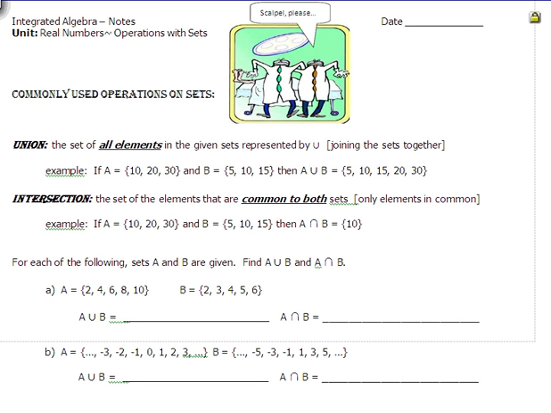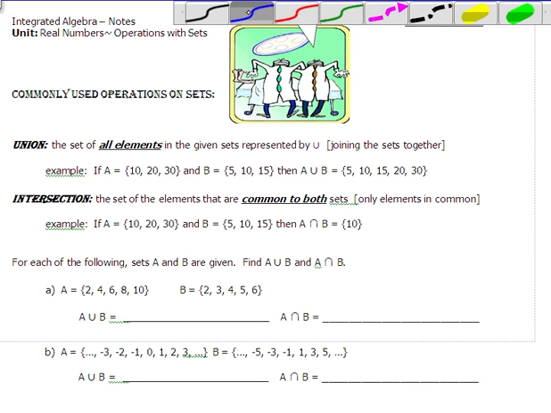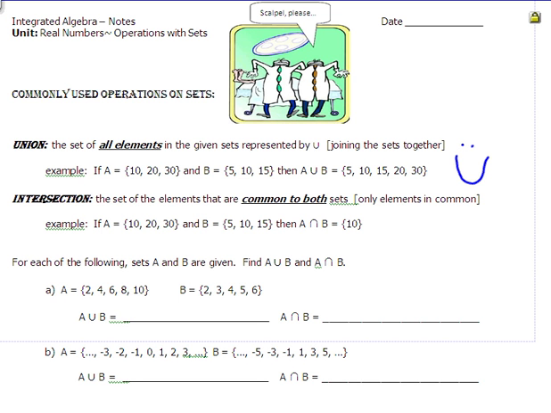Okay, if you look at the first vocabulary word, union, the union of two sets is the set of all elements in the given sets, represented by that kind of like a U. So we're joining the sets together, and fortunately this one looks like a U, so it's kind of like a happy face.